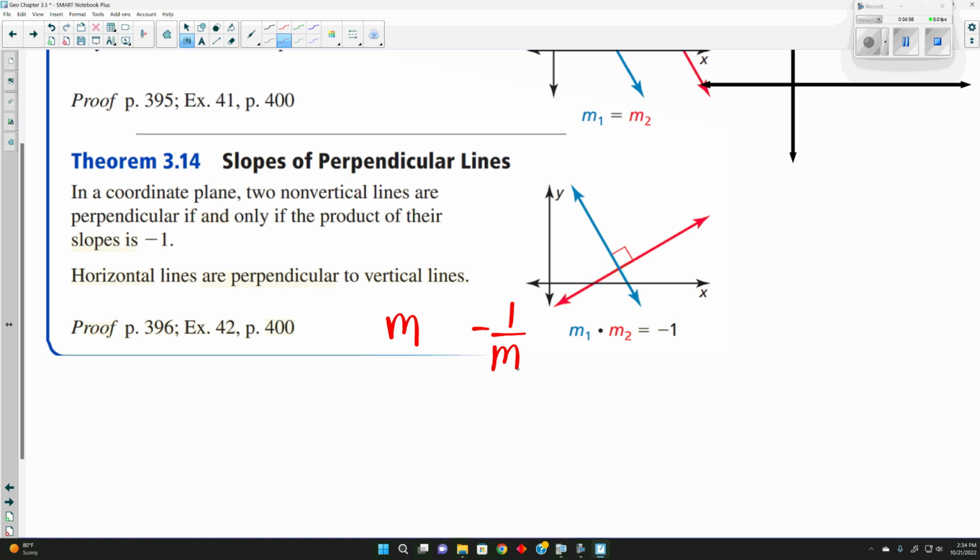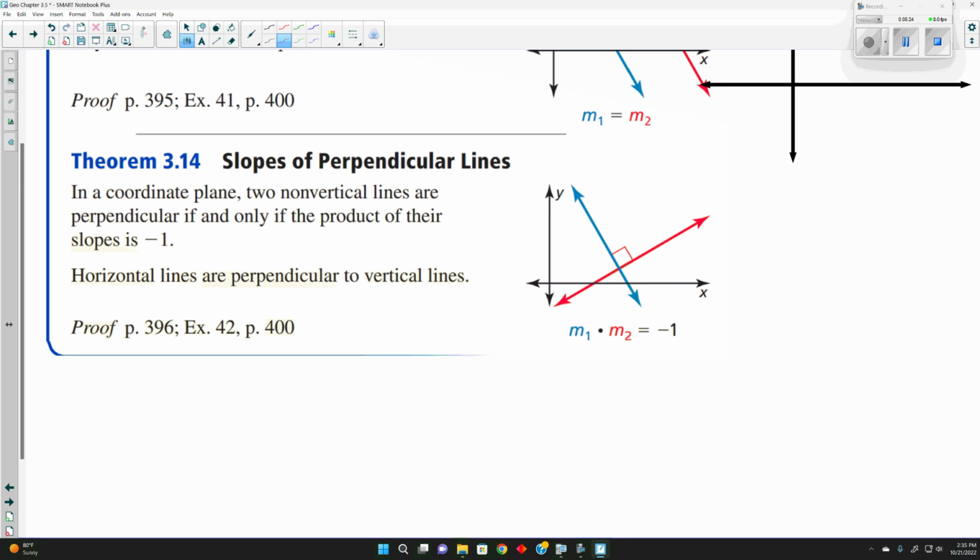We change the sign and flip it. And this works out, because if we multiply m times negative 1 over m, that's negative m over m, yes? Anything divided by itself is what? Or not negative m, it would be negative 1.